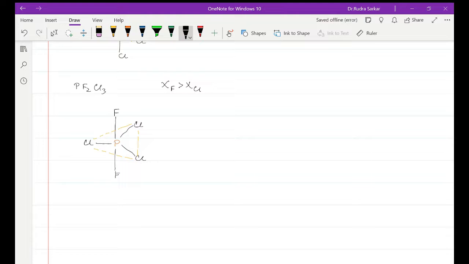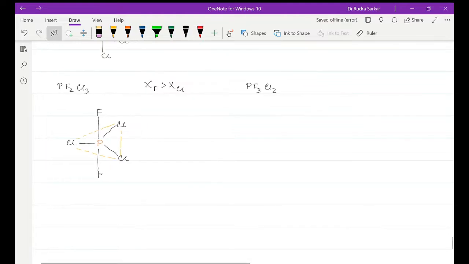Again, if you are given another molecule, say PF3Cl2, then again we will say it will have hybridization sp3d.